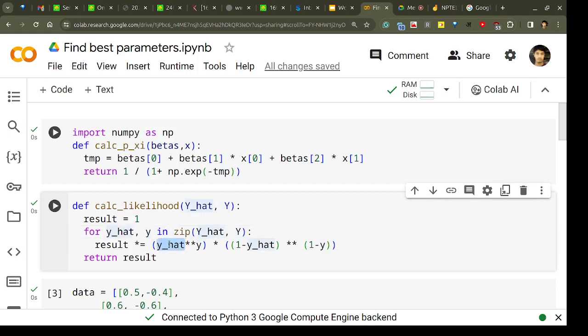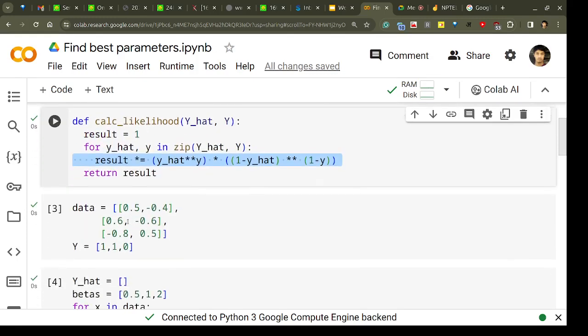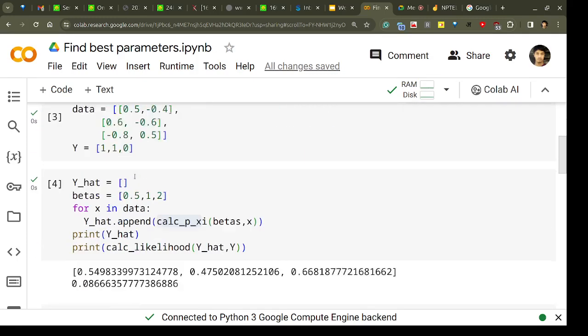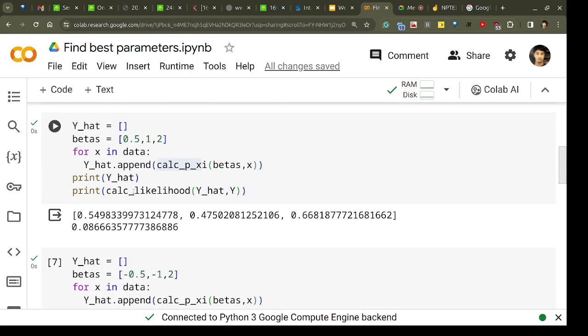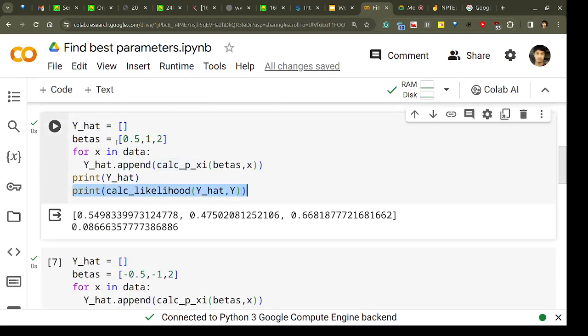For every row we take y hat, which is p power y into 1 minus p power 1 minus y. We multiply that for all the values and then return it. So for these beta values, these three are the predictions and this is the likelihood.